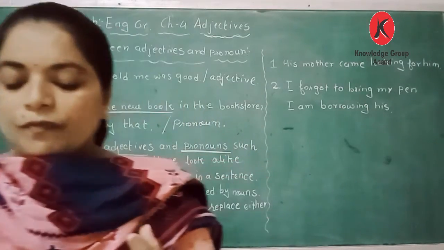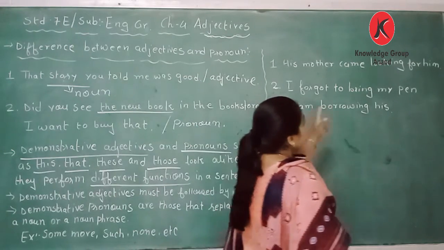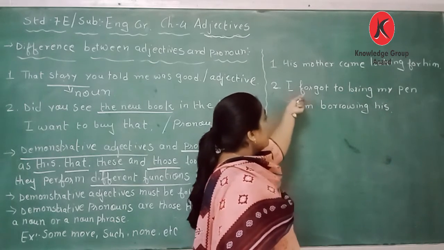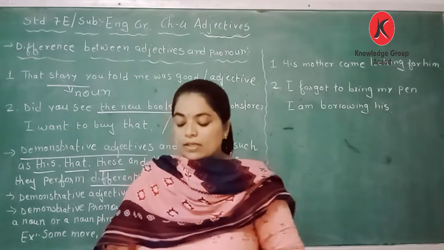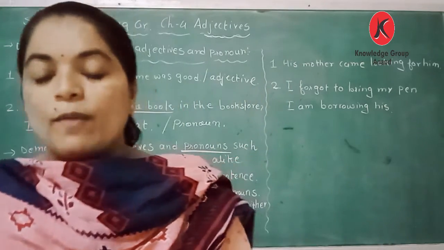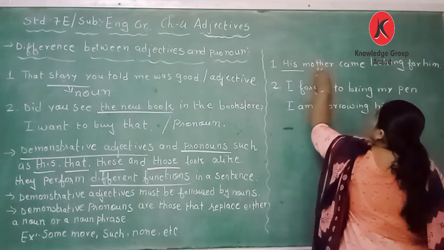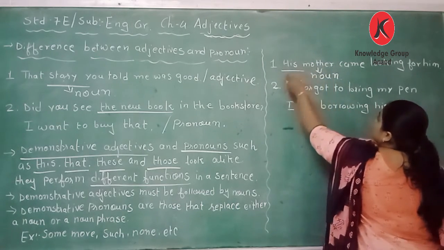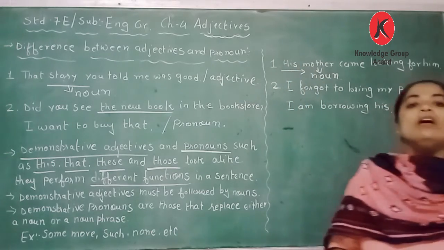Then we are going to learn another two sentences. His mother came looking for him, and the second sentence is I forgot to bring my pen. I am borrowing his. Here the word his is followed by a noun.